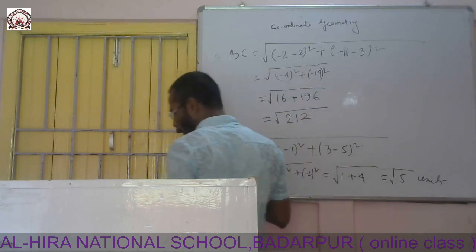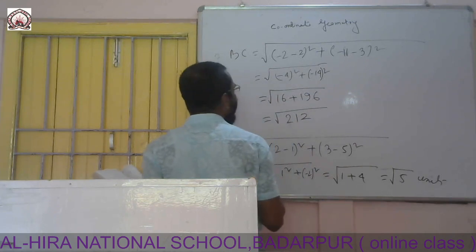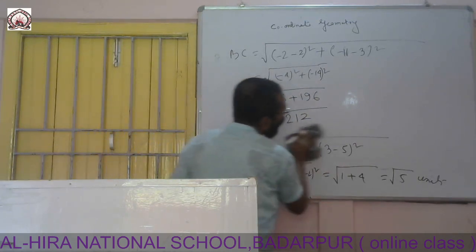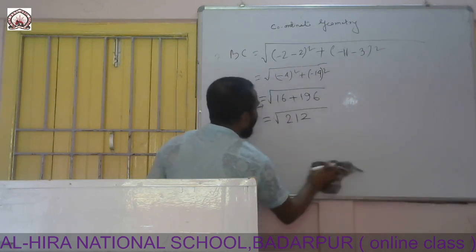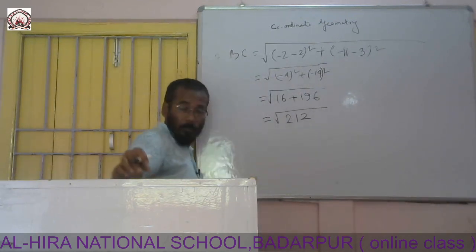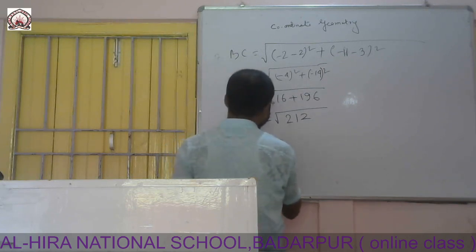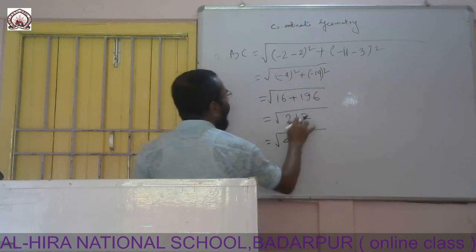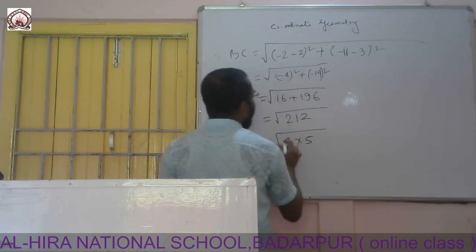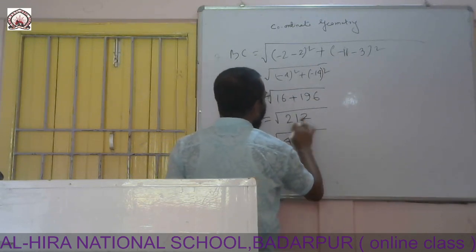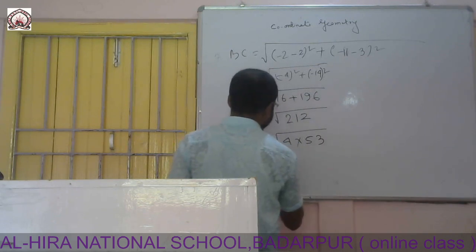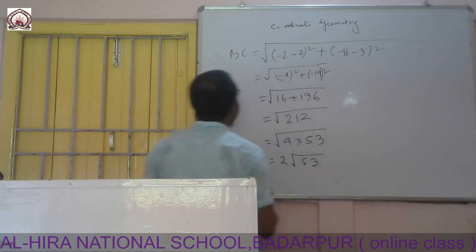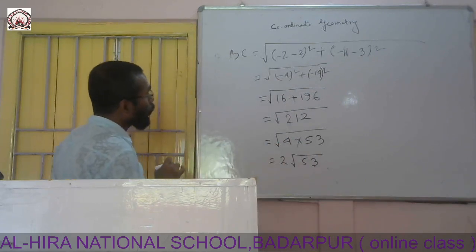This is square root of 212. So 212 we can break: 4 into 53 is 212. So BC is 2 root 53.